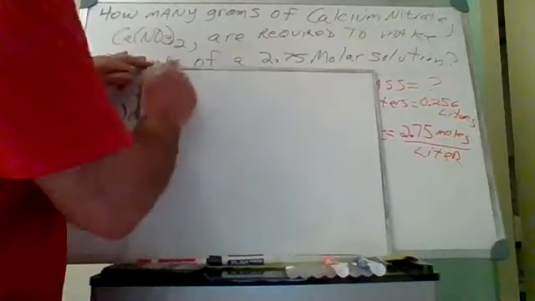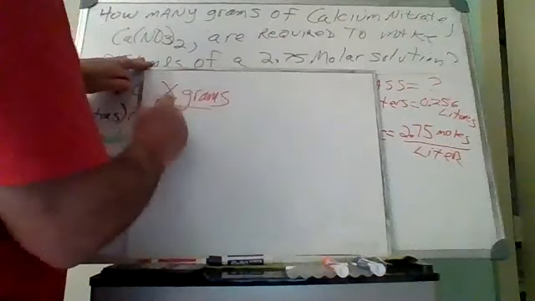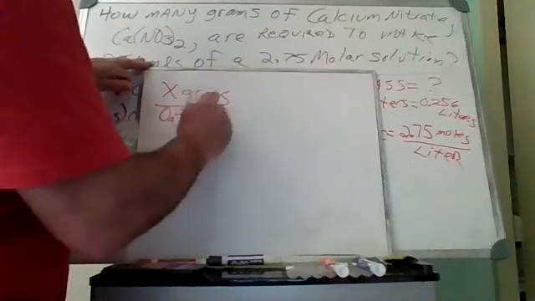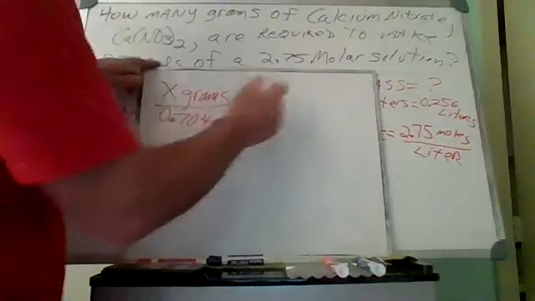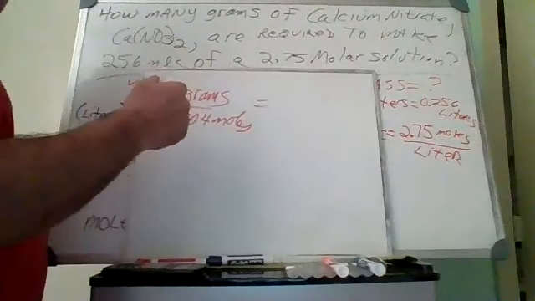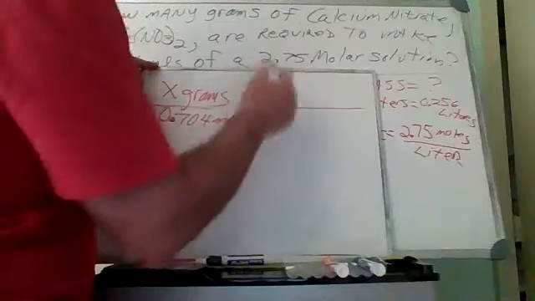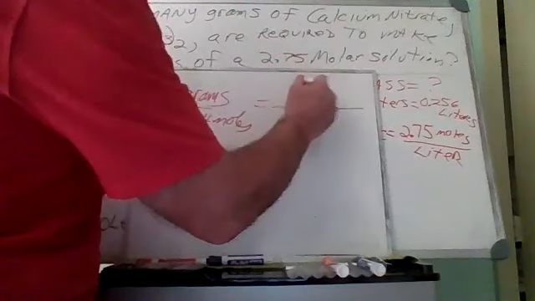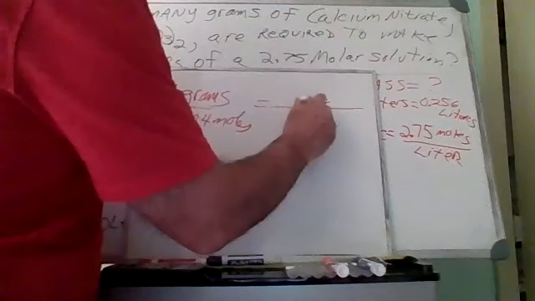So that's like how many grams are equal to 0.704 moles. Copy the units over to the other side. I'm going to have to write very small here: grams, moles.